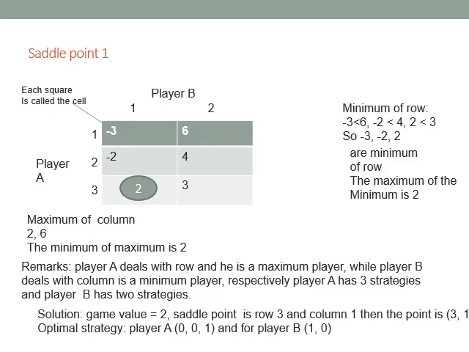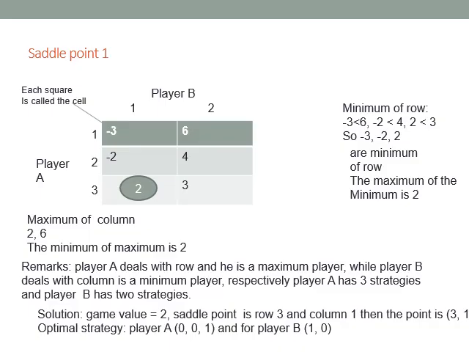So the minimums of all these rows are 3 values, -3, -2 and 2. These values are known as minimum of row.